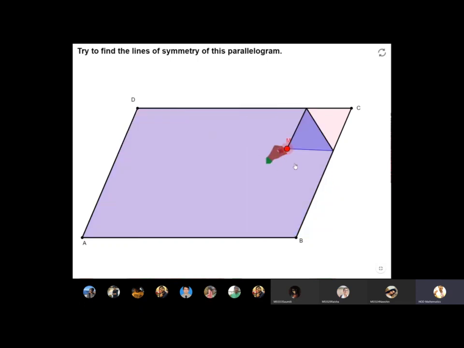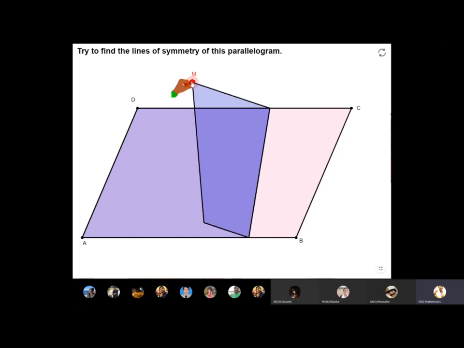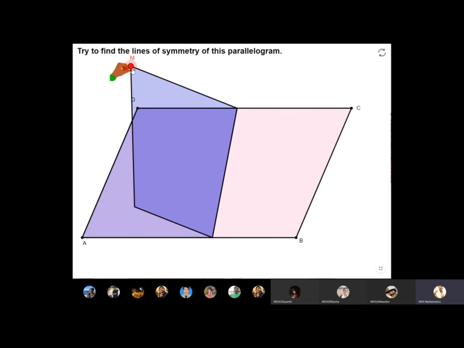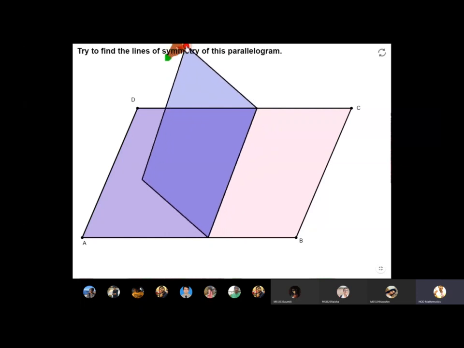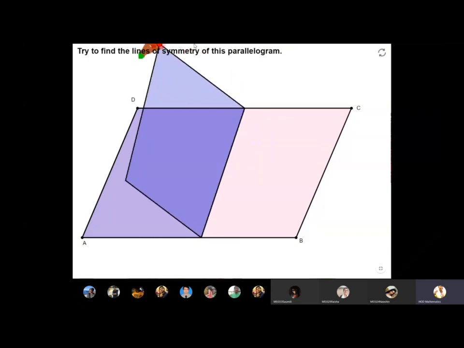In the same way, if I go the other way, I can say I made it half. Even if I made it half, you cannot say this is two identical shapes. This may be two equal shapes, but not identical. So that is the difference. So parallelogram is the best example to understand the line of symmetry.